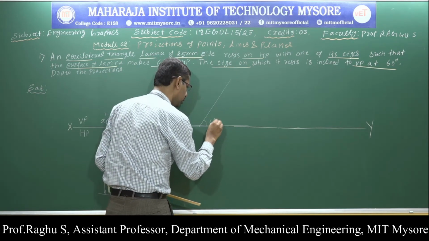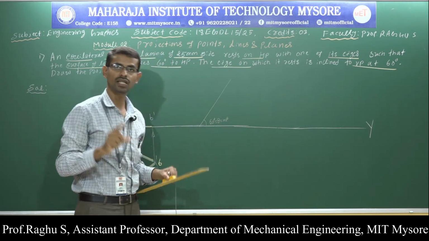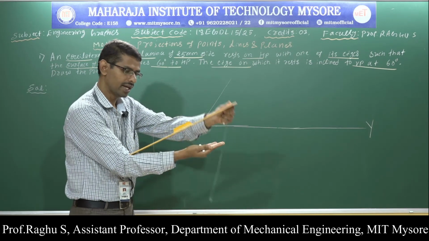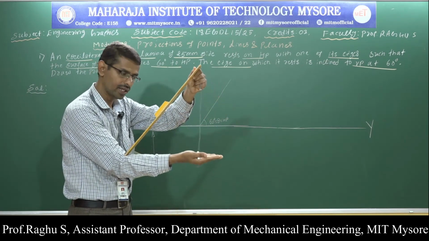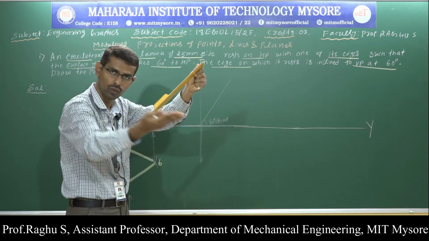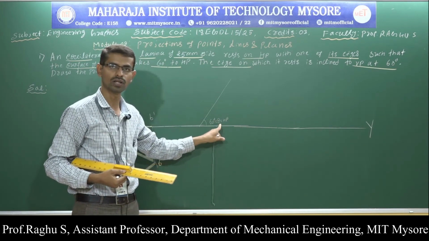That is denoted by theta with respect to HP. When the triangle lamina is inclined with respect to HP, this entire inclination will be visible in the front view. I have written the front view inclination.